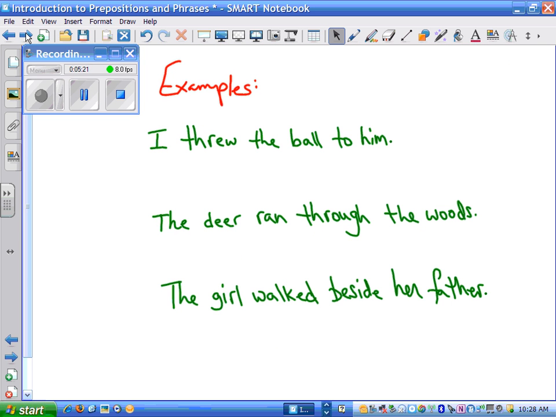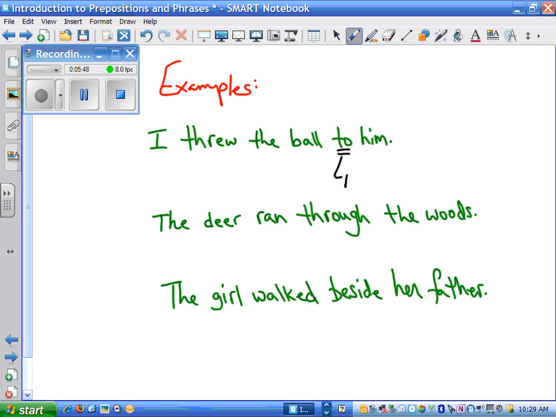So, some example sentences. And again, for the first one, as we've done in the past, I'm going to identify the parts of speech for all the words in that sentence as a way to review. But let's start with that preposition and the prepositional phrase. In this case, it's quite short. Perhaps you've seen it already. It's only 2 words in length.